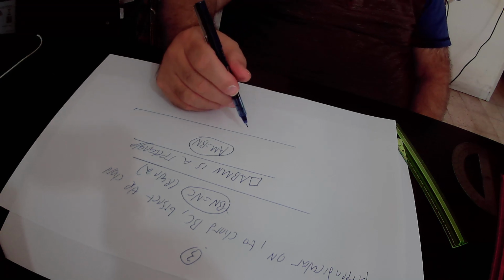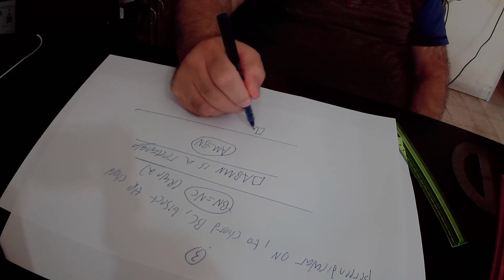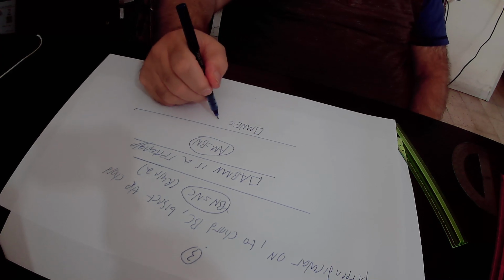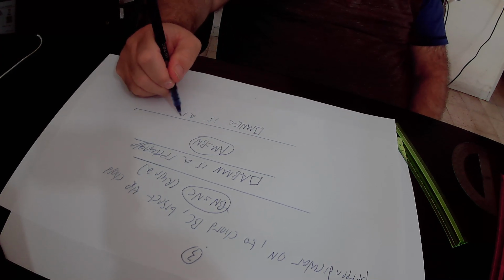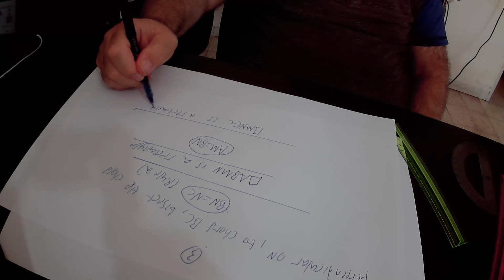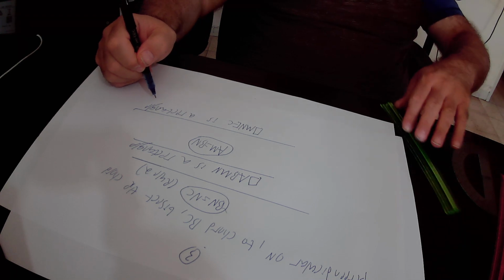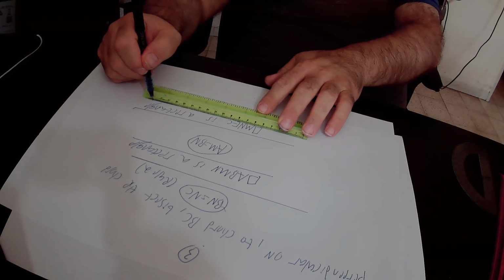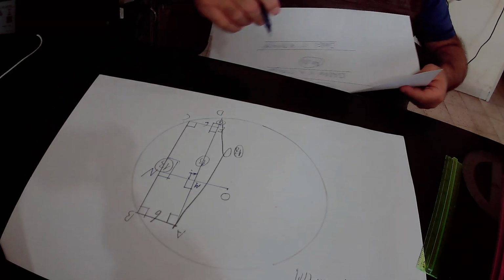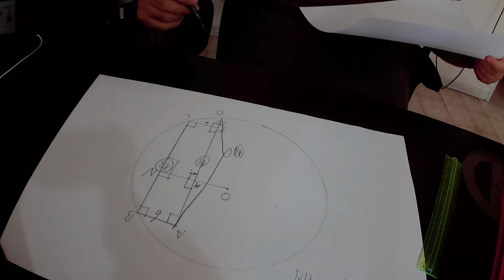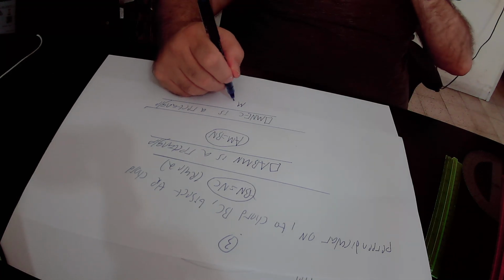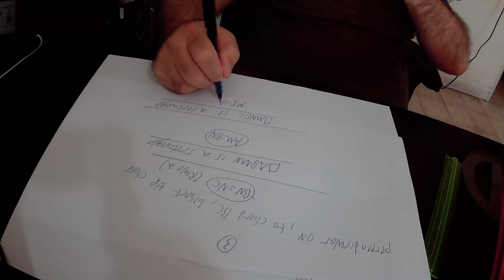I write it down. But we also know that the opposite sides of a rectangle are equal to each other. That is to say, ME equals NC.